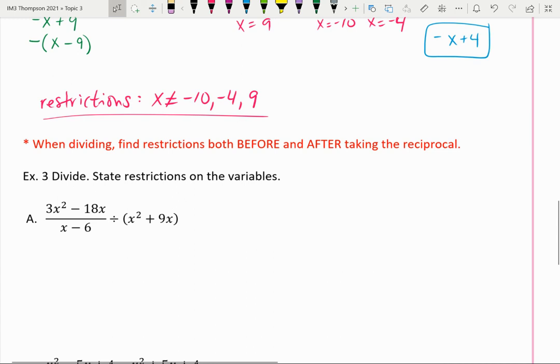Everything else is the same. So first things first, I'm going to factor, then find restrictions, multiply by the reciprocal, find the restrictions again, and then simplify.